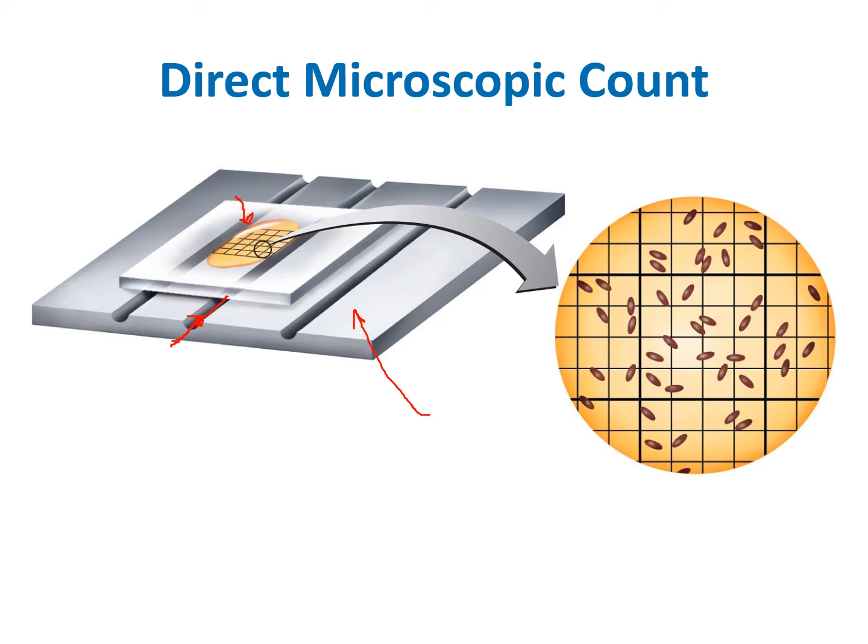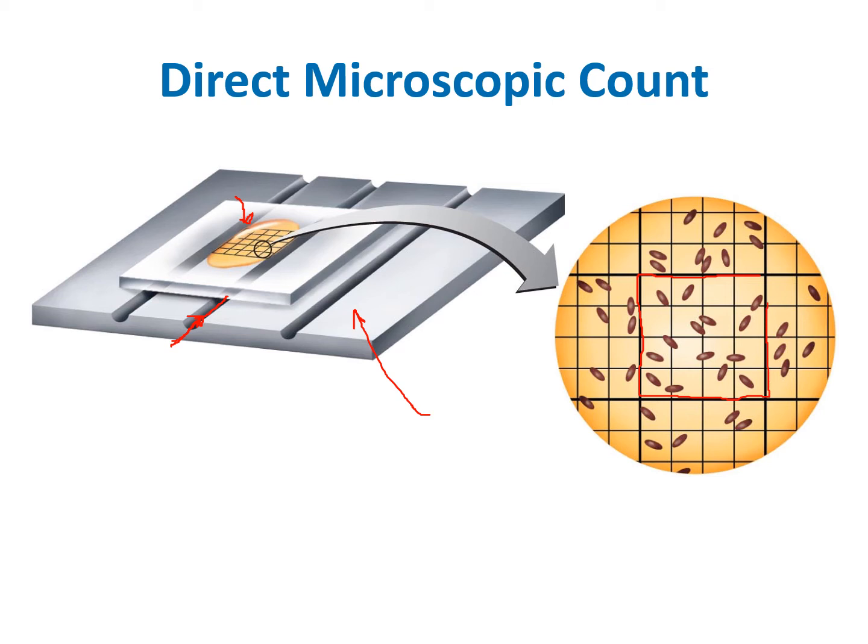The bacteria that are in the medium would be dispersed along the grid. Then, depending upon what lab you're in, how you count is going to be different. But generally, the idea is that you're going to take several boxes in the grid and count the bacteria in those boxes to get an average.